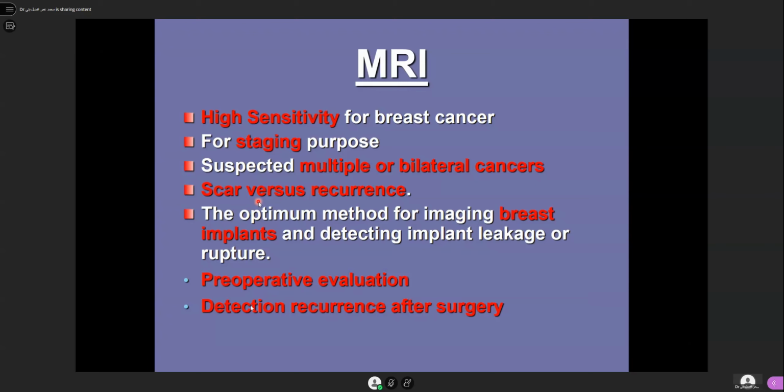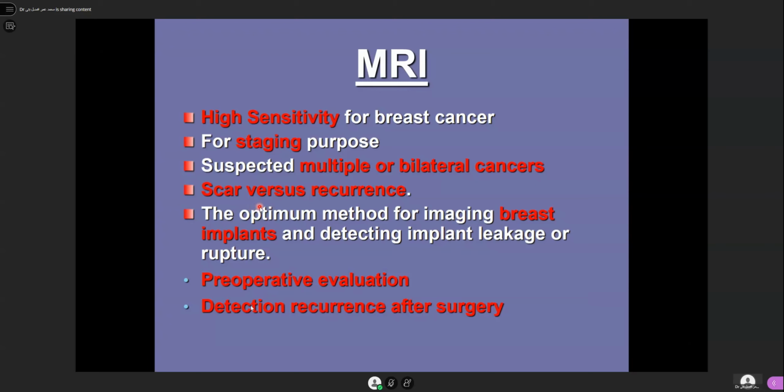To differentiate between a scar and any chance of recurrence is very difficult on mammogram or ultrasound, but MRI can differentiate between them.